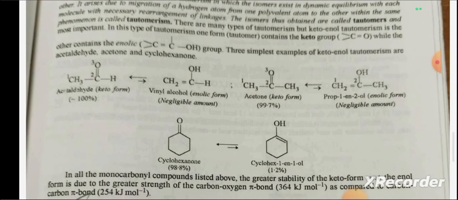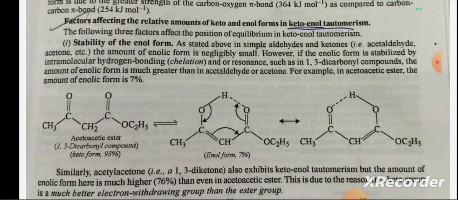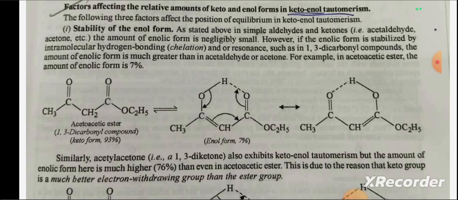Factors affecting the relative amount of keto-enol forms in keto-enol tautomerism. First, stability of enol form. As stated above, in simple aldehydes and ketones the amount of enol form is negligibly small. However, the enol form is stabilized by intramolecular hydrogen bonding.